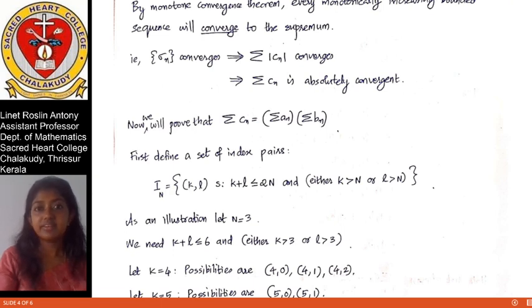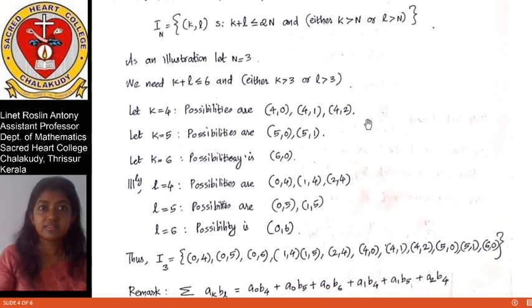That will end up with the absolute convergence of the Cauchy product. Now we have to prove that this Cauchy product is nothing but the product of summation an and summation bn.